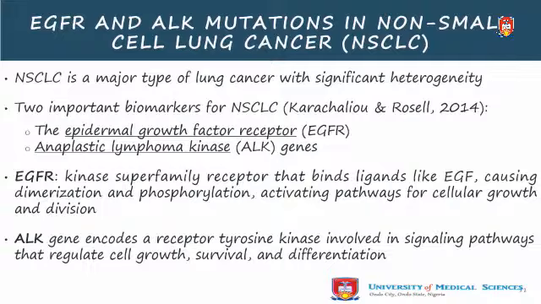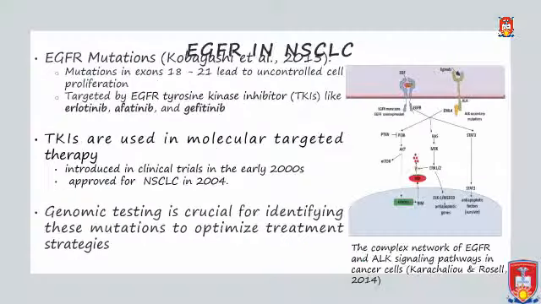They discovered that these receptors bind ligands like EGF, cause dimerization, and activate pathways for cellular growth. And they found another one, the anaplastic lymphoma kinase. These are two important markers in this lung cancer.